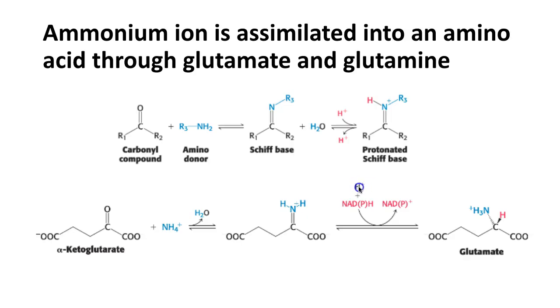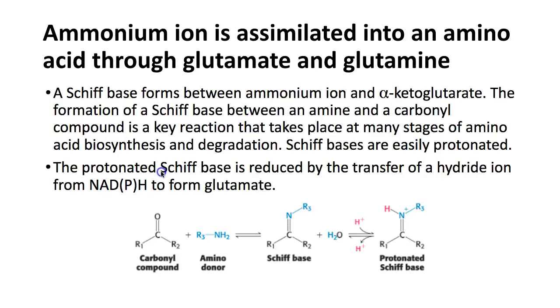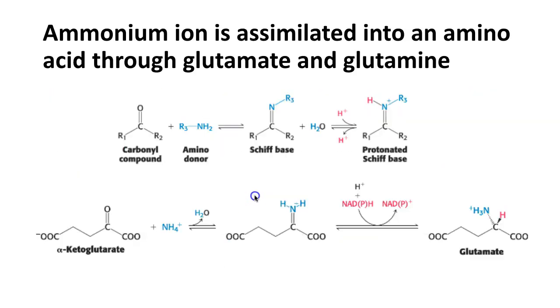So that's where the black hydrogen is coming in, and then the NADPH comes in handy because that actually reduces the Schiff base. And so you'll see that written right here. The protonated Schiff base is reduced by the transfer of a hydride ion from NADPH to form the glutamate.